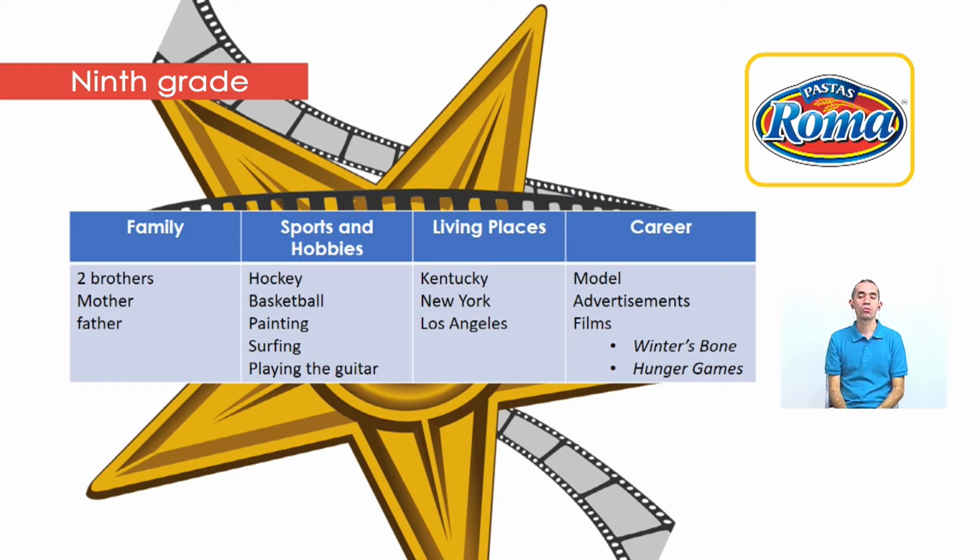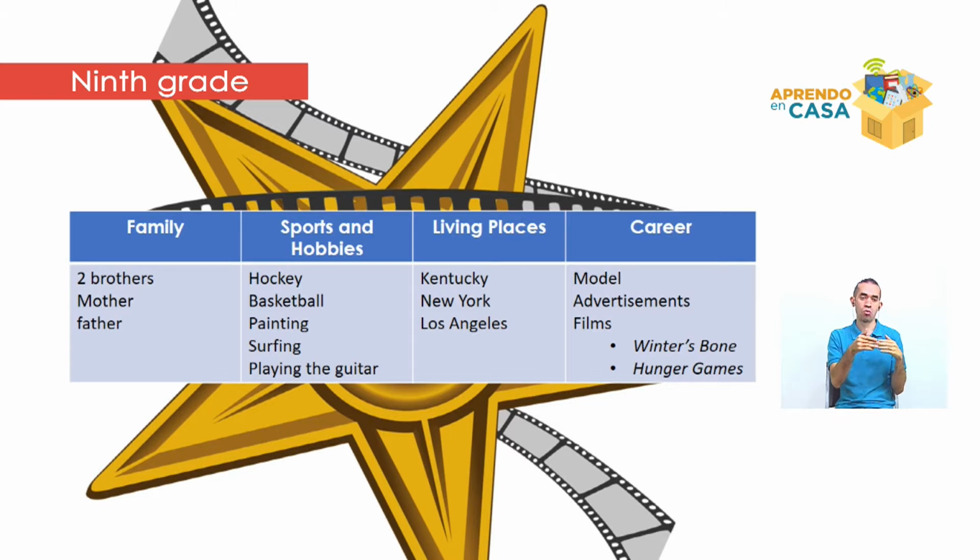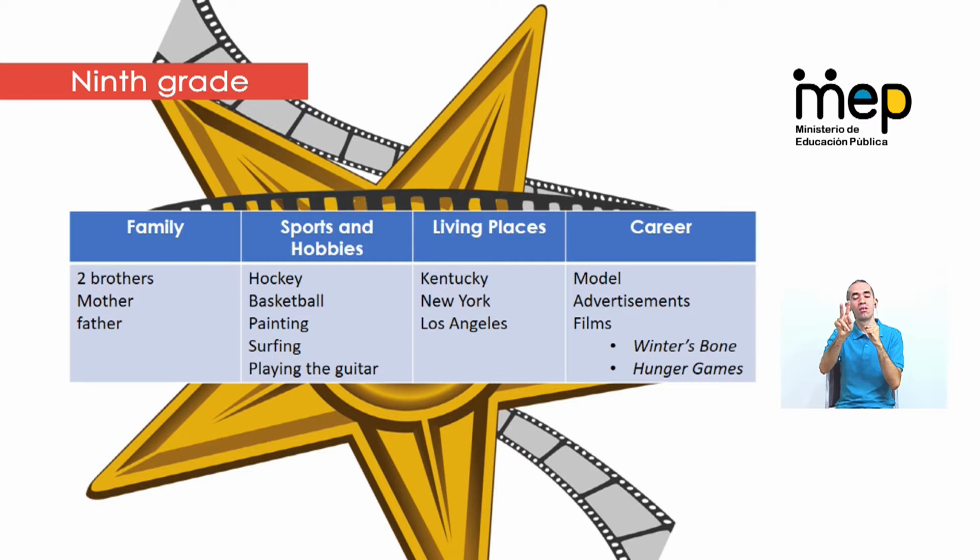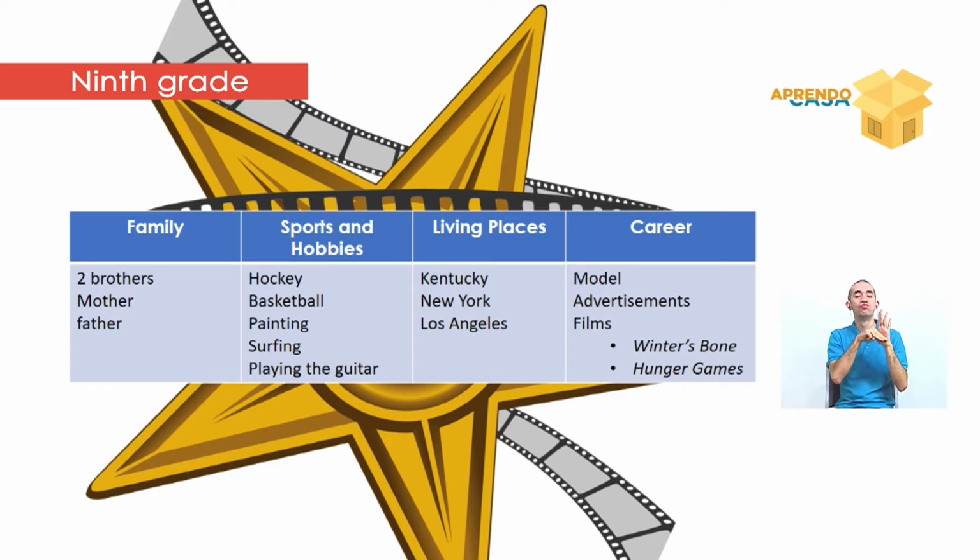Now, what about her career? We saw that she is a model, or she was a model at the beginning. We actually saw in the text, it says she appeared in advertisements for MTV and the fashion company H&M. So she was a model there. And then she became an actress.